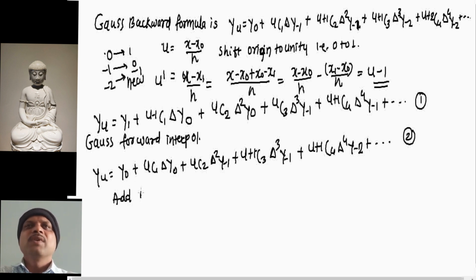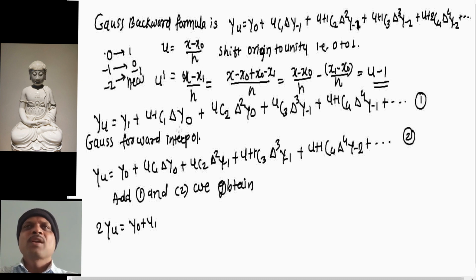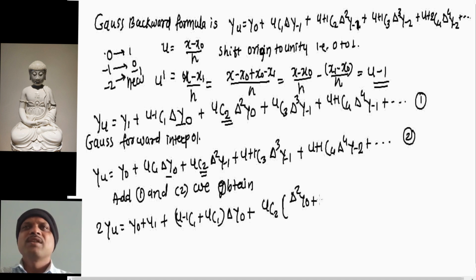Now add 1 and 2. If we add 1 and 2, then we obtain 2yu equal to y0 plus y1. Here for delta y0, the coefficients are (u minus 1) c1 plus u c1, into delta y0. Plus look at this, u c2 coefficient is common, and the remaining is delta square y0 plus delta square y at minus 1.